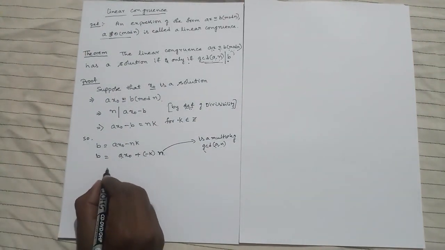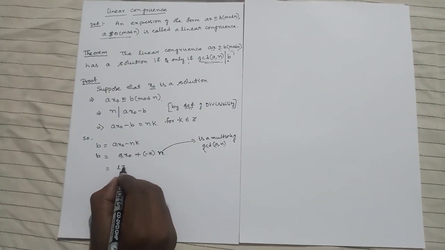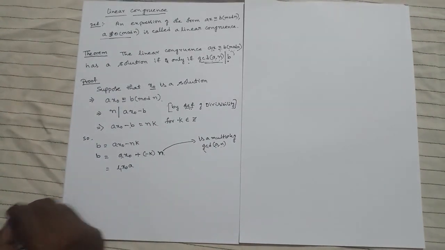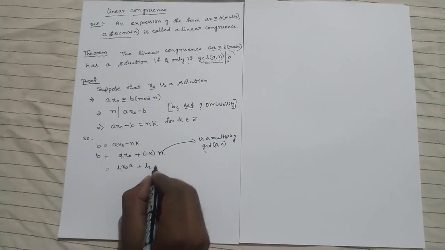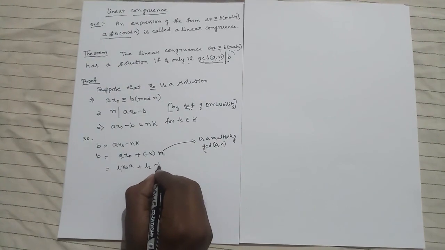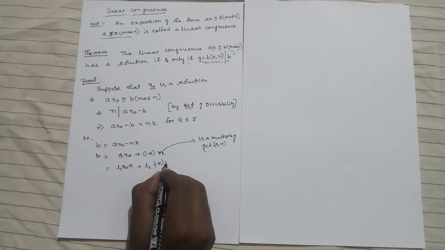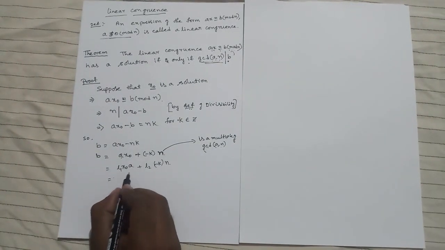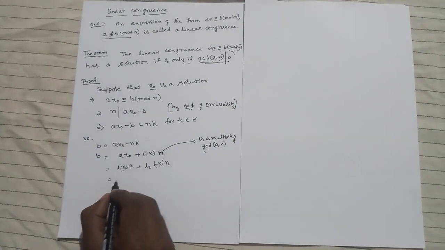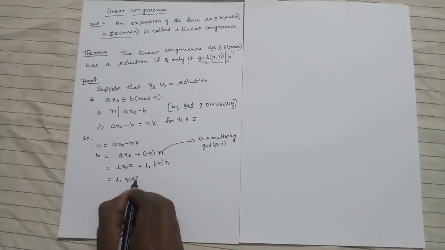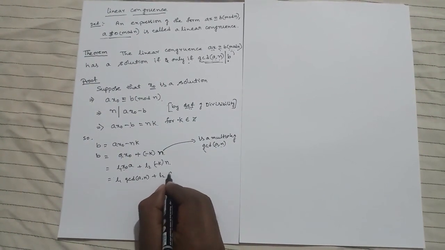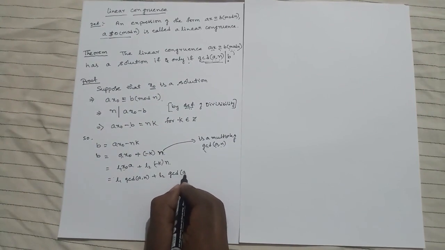So I'll multiply some integer L1 into x naught into a plus L2 times minus k times n, which is L1 into GCD of a comma n plus L2 times GCD of a comma n.